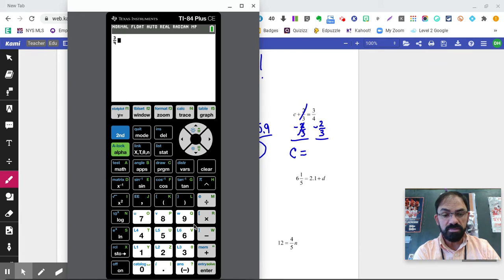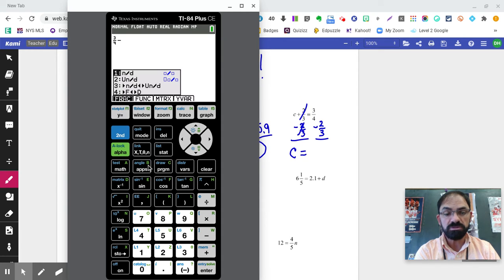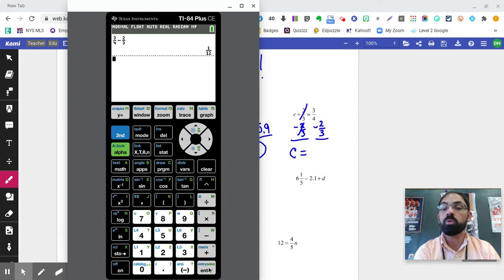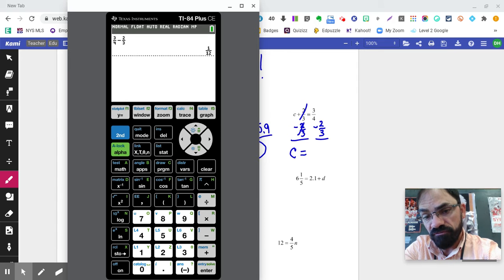So let's hit minus, and then I want another fraction again. So I have to hit alpha, y equals, and I need 2/3. So when I hit enter, I get 1/12. So 1/12 is my answer. So don't let the fractions scare you. We have a calculator.